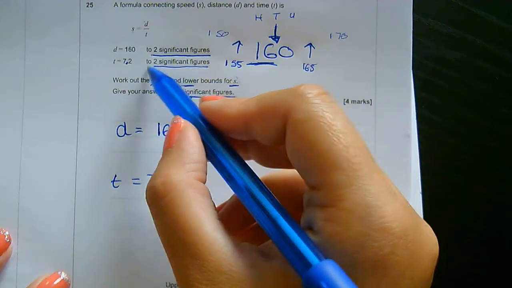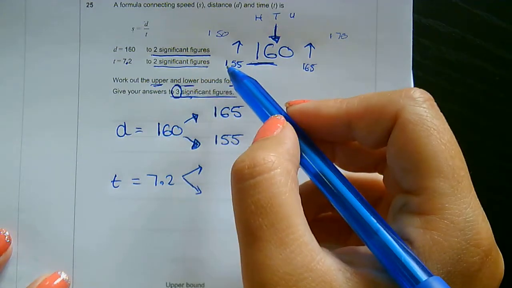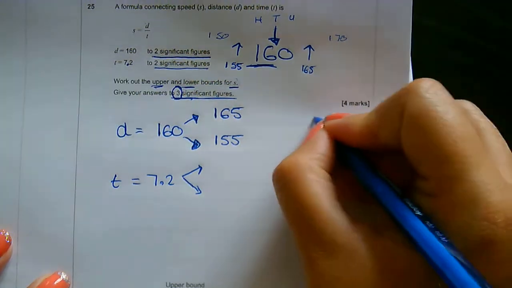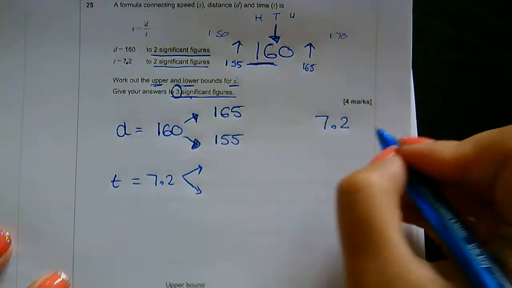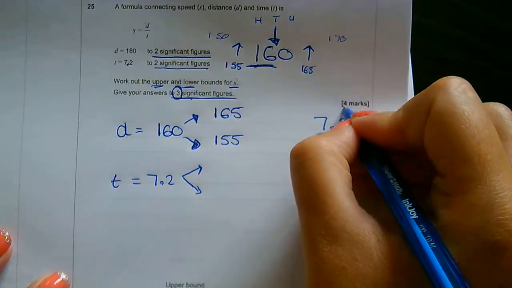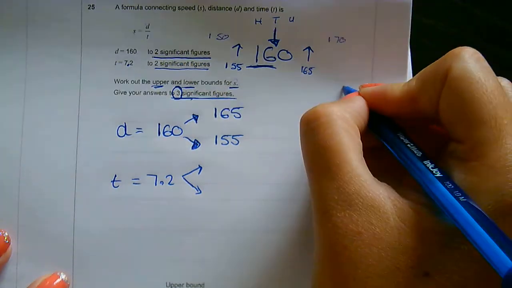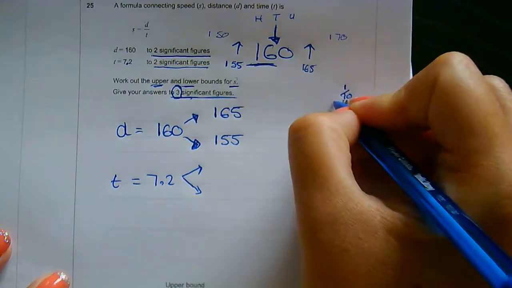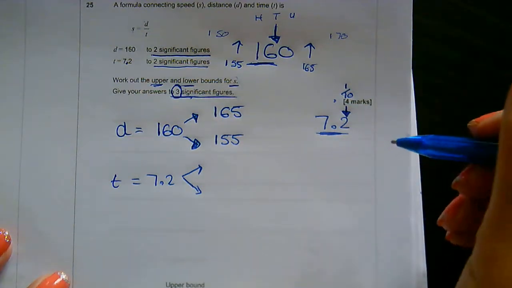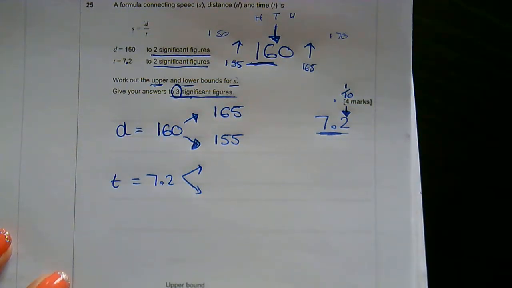And then the second one is also to two significant figures, but because that's 7.2, let me just write it there, and it's been rounded to two significant figures, so there's your 2, and its cut-off point is there. This location is in the tenths column, so it's been rounded to the nearest tenth, or we could also say to one decimal place.